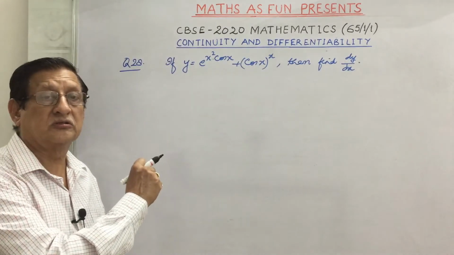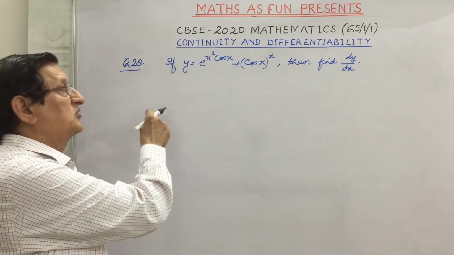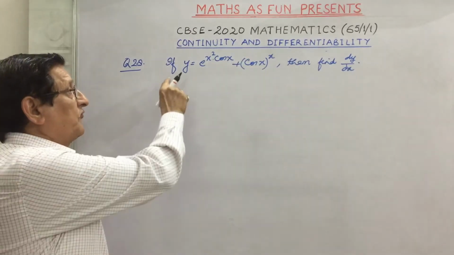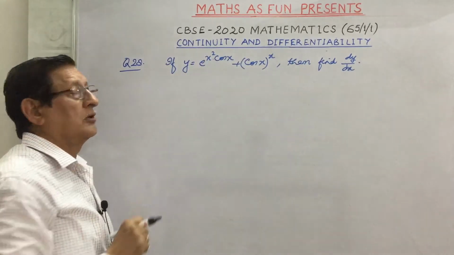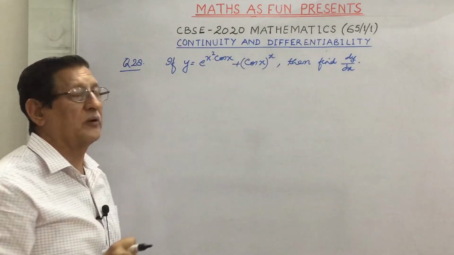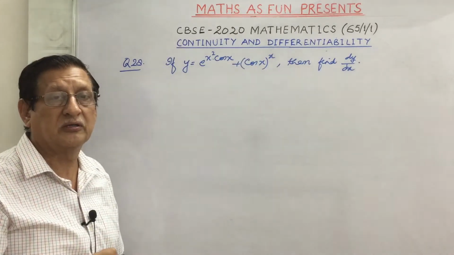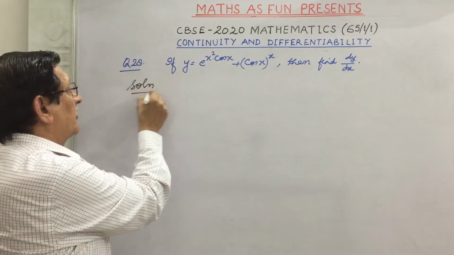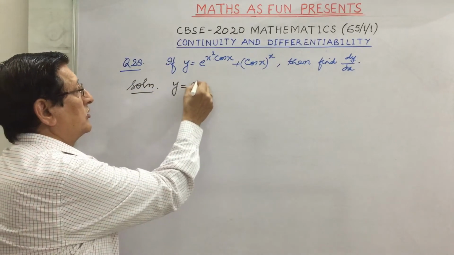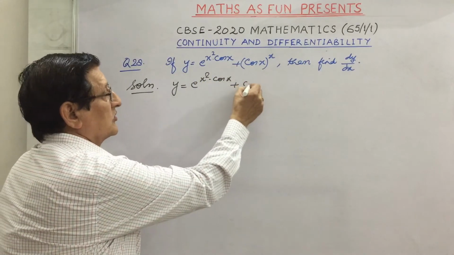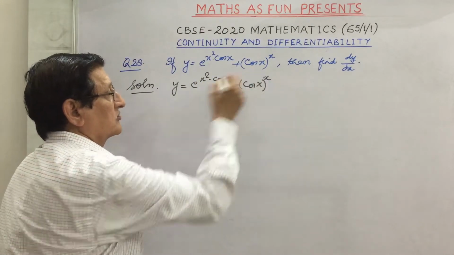And the next question from this chapter in this paper was question number 28 from section C. If y equal to e power x square into cos x plus cos x whole power x, then find dy by dx. To find the solution of such problem, what we do, we take y equal to e to the power x square into cos x plus cos x whole power x.